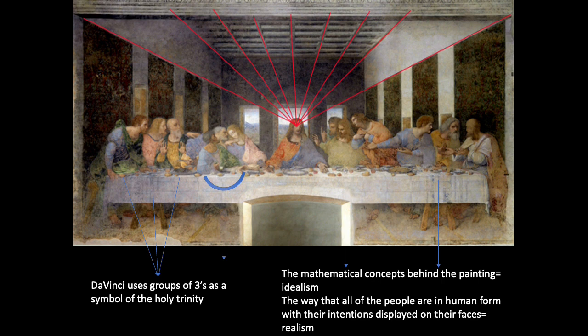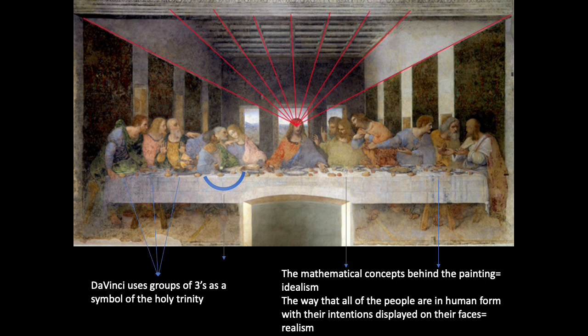So we know that in Christianity, numerology is significant in terms of 3, 4, and 7. And so numerology was highly imbued into this painting, specifically with groups of 3, and with Jesus being the 7th, the image that's connected to the number 7.